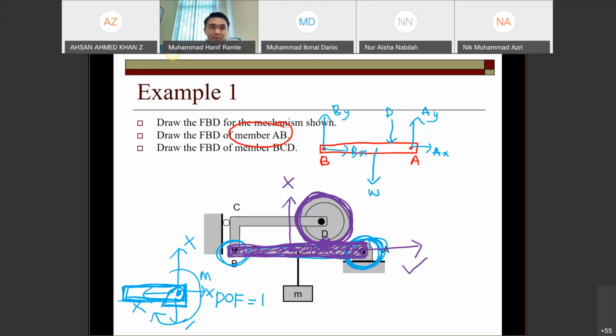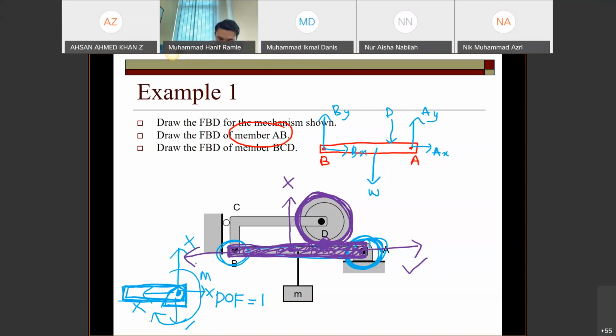But in this explanation, I only consider the rigid body, which is the purple color. Okay, the roller and also the AB member, without any pins and without the wall. So the AB member can go right. How about left? Can left or not?